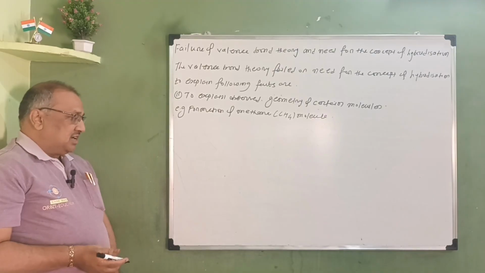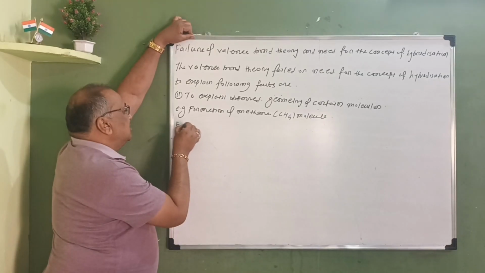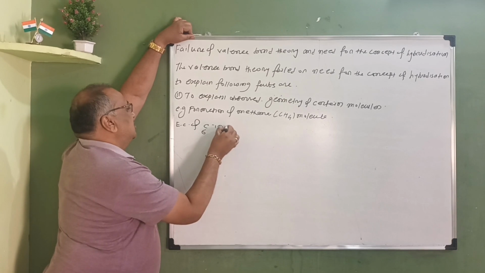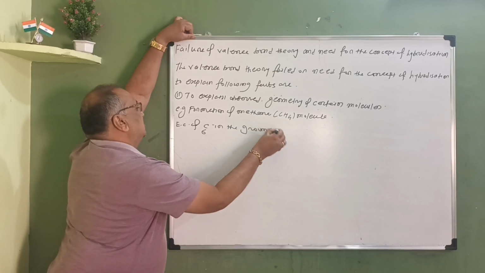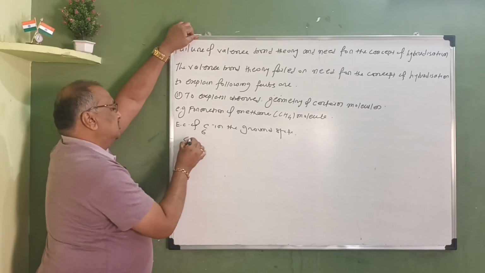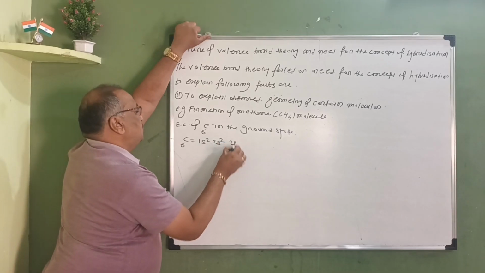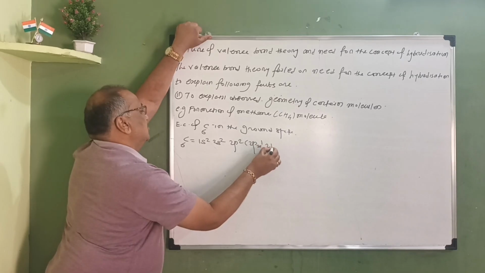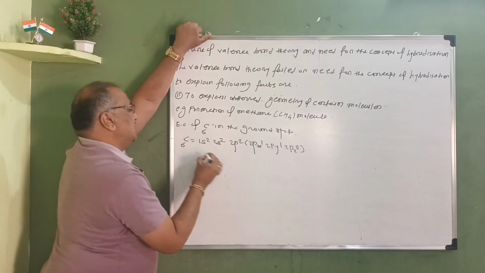It contains 1 carbon and 4 hydrogen atoms. Here the electronic configuration of carbon in the ground state is 1s2, 2s2, 2p2, that is 2px1, 2py1 and 2pz0.